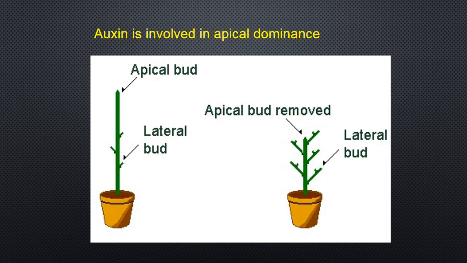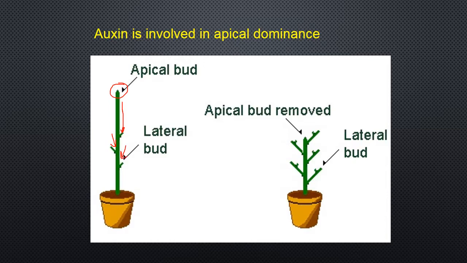This is the response that auxin is most known for, or, well, I guess one of the things that it's most known for, and that is what we call apical dominance. So remember I said earlier that auxin tends to be produced in apices? Well, in this image, the apical bud at the top produces auxin, and what that means is that it works over here on the lateral buds or the lateral meristems to prevent branching from occurring.